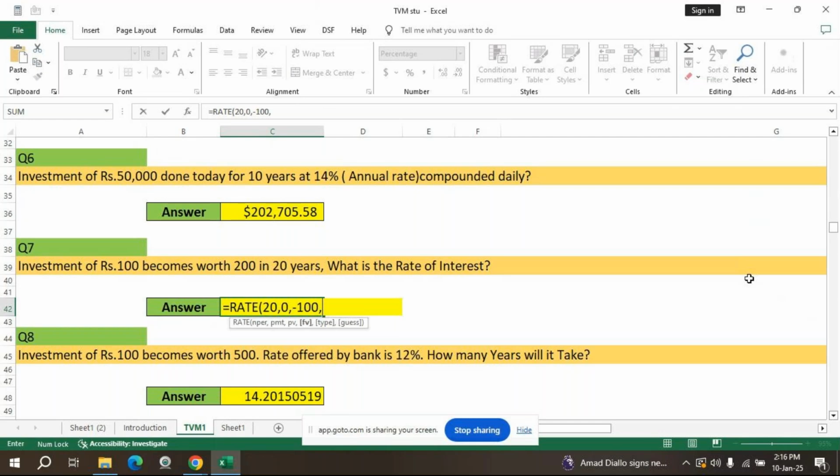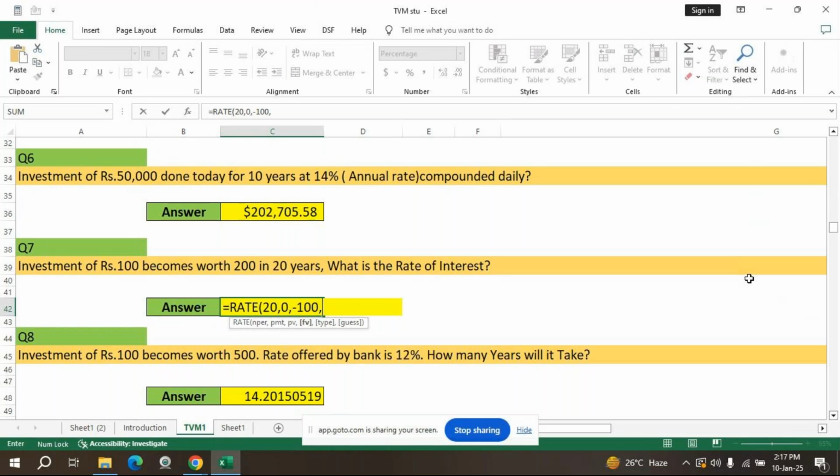That means an investment of rupees 100 becomes worth 200 in 20 years, right? You tell me, what is the future value? So 100 becomes worth 200, right? Then what will be the future value? 200, ma'am.